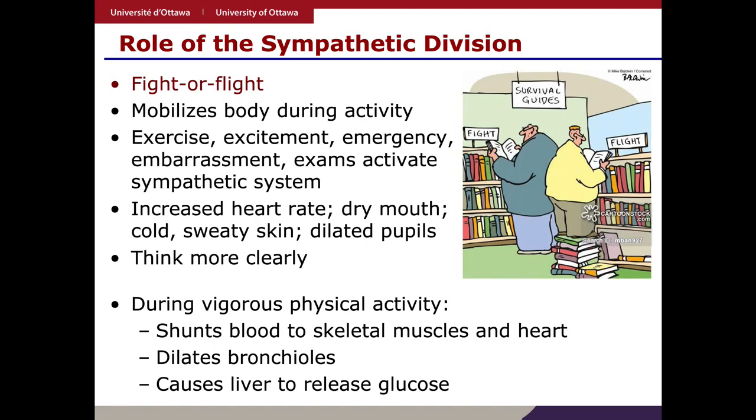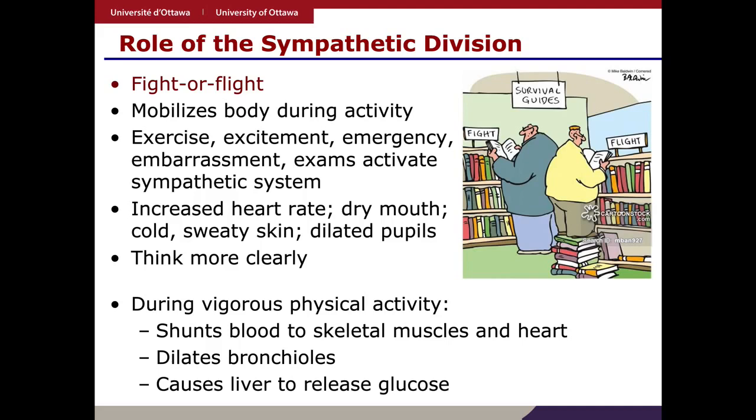Sympathetic stimulation of vascular smooth muscle causes widespread vasoconstriction, particularly in the organs of the gastrointestinal system and in the kidneys. This vasoconstriction serves to redirect or redistribute the blood away from these metabolically inactive tissues and towards the contracting muscles.